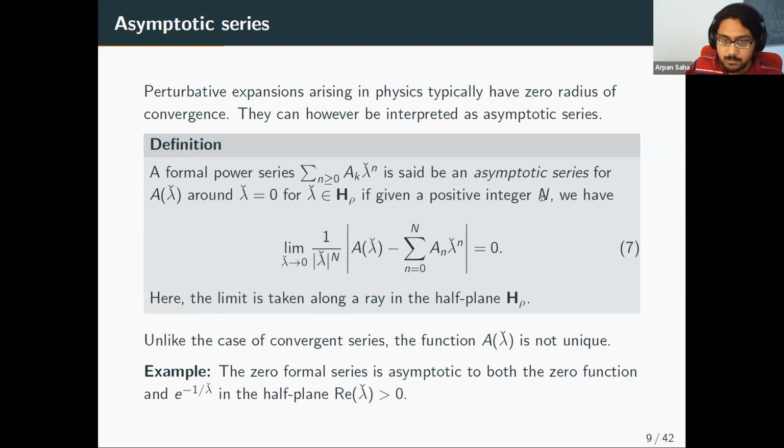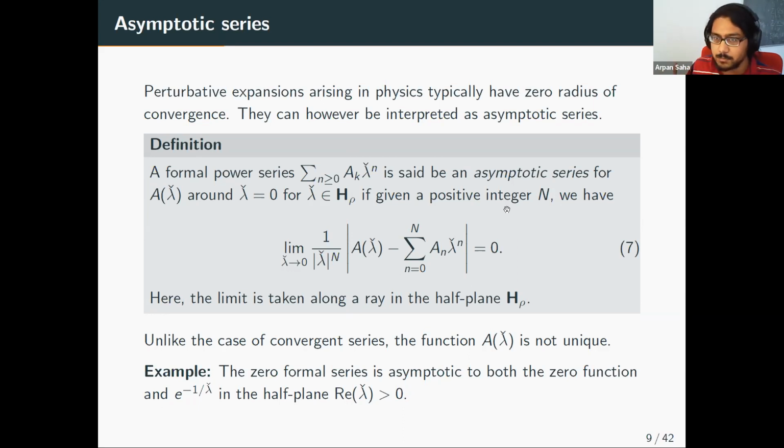It says that if you give me some positive integer capital N and the half plane centered on some ray rho, then I can make this quantity arbitrarily small by choosing lambda inside the half plane and close enough to 0. This is to be contrasted with the definition of convergence, where you give me a lambda and I choose n high enough to make this difference, without that extra factor, arbitrarily small. So it's in some sense the other way around here.